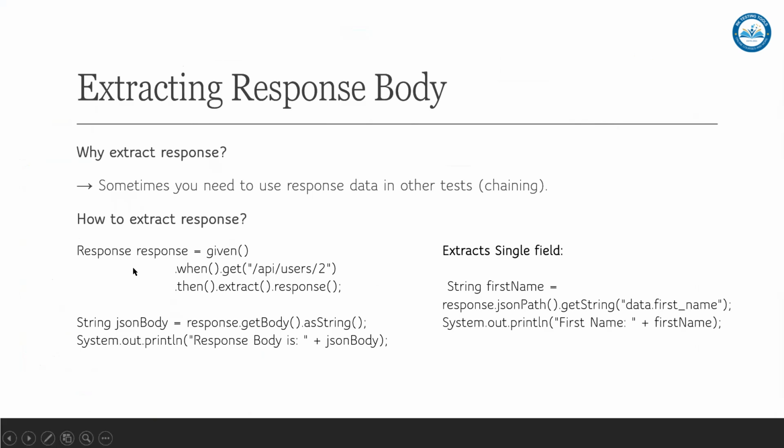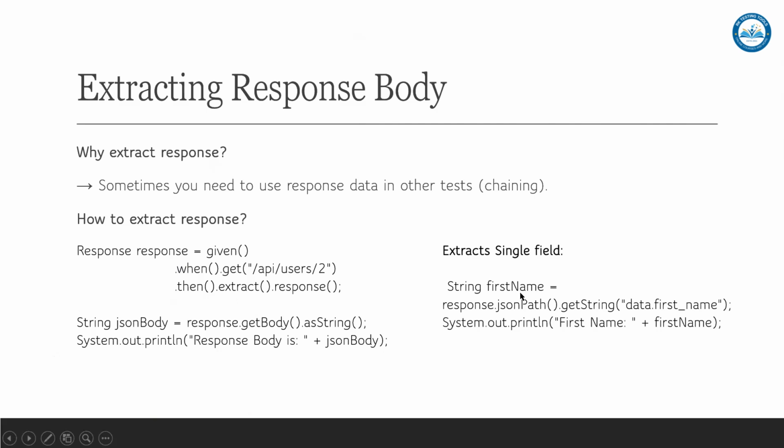How to extract that? Response is equal to given dot when dot get of your API URL and then dot extract the response. This is for extracting the response body and storing into a new variable. So string JSON body is equal to response dot get body dot as string, and you can print it like this.